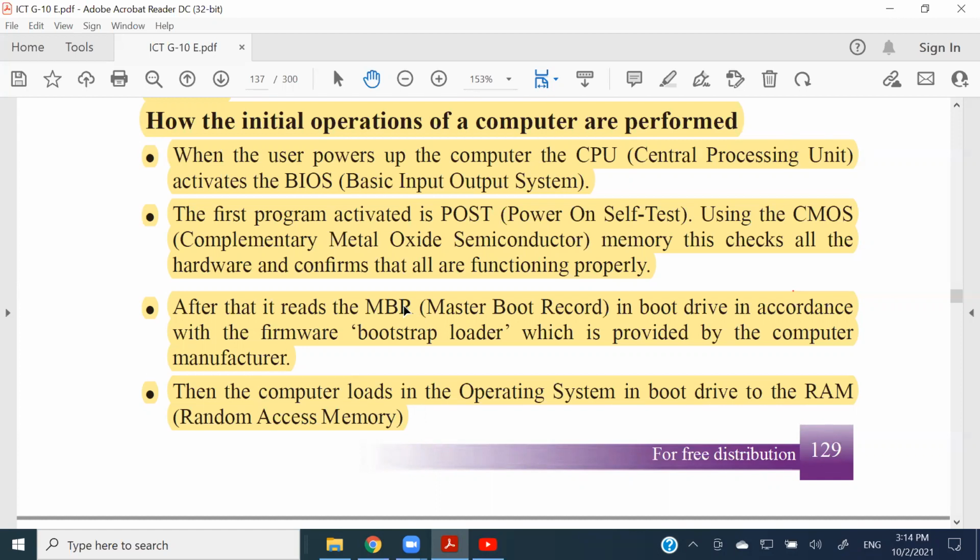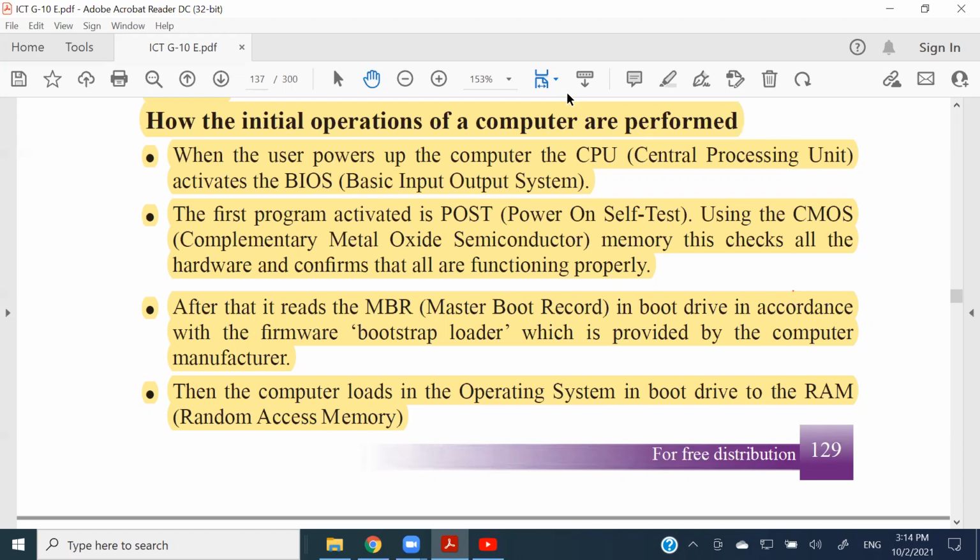Now, some computers have different numbers of hard disks, some have 2, some have 3, some have many. Anyway, it is going to find the master boot record from the specific hard disk which we consider as the C drive.